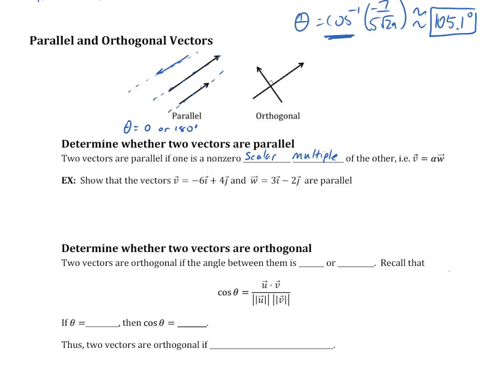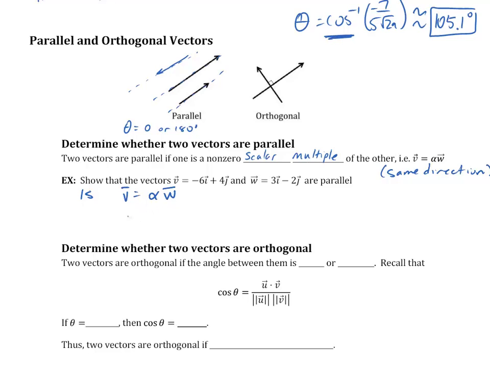And what I mean by that is one is a scaled version of the other. They have the same direction. So how do you tell if they have the same direction? Well, you simply have to look and see, is there a constant factor being multiplied by one vector to get the other vector? Okay, so is V equal to some alpha times W?